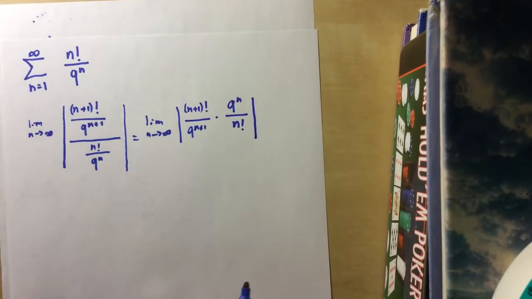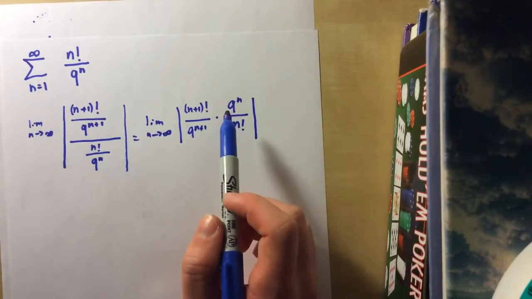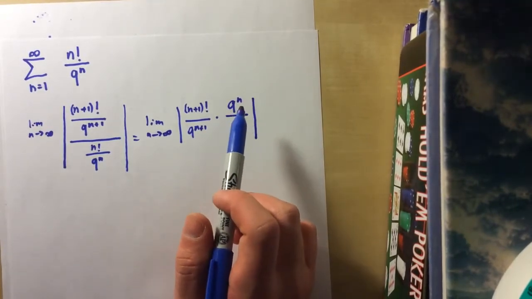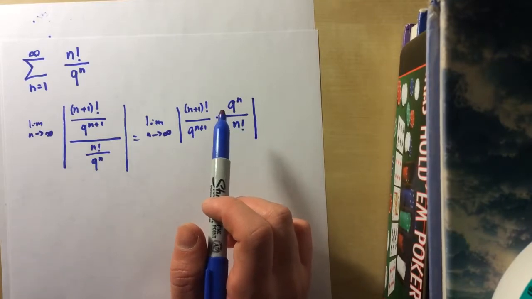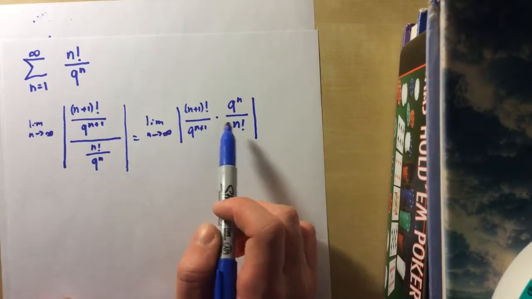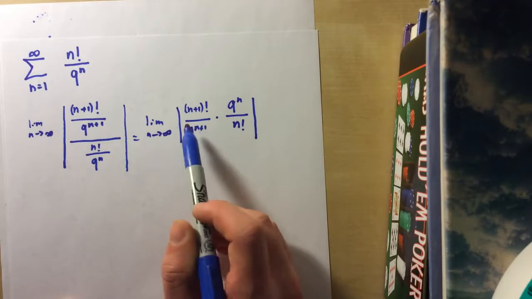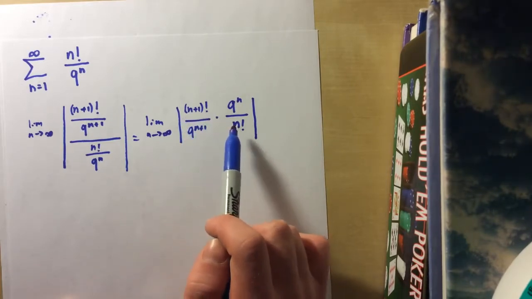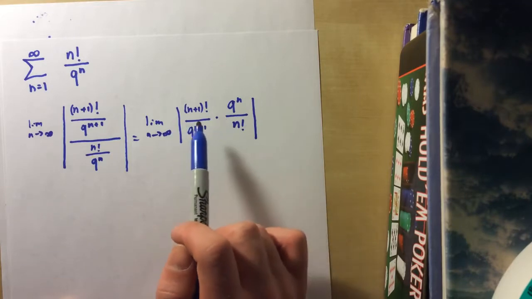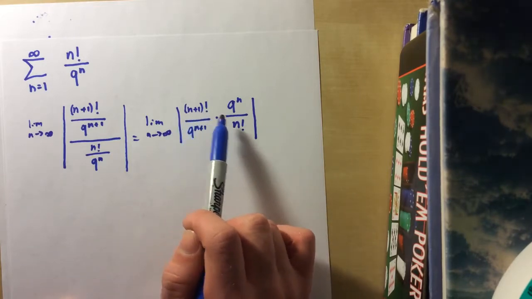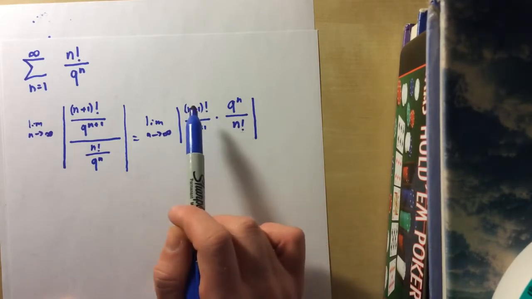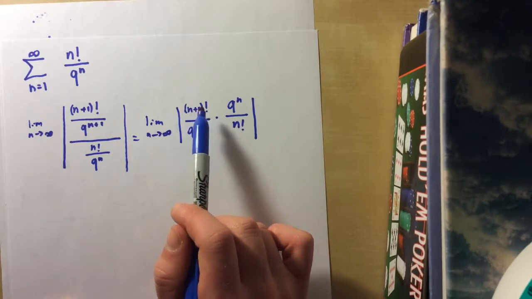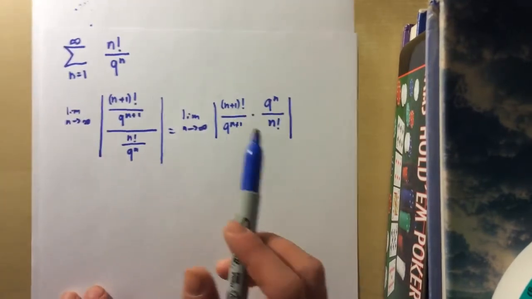A lot of cool algebra canceling happens right now, and that's what's usually going to happen in these types of problems. We have an n factorial on the bottom and an n plus 1 factorial on the top. Well, n factorial is just n times n minus 1 times n minus 2, and so on, and n plus 1 factorial is the same thing as n factorial multiplied by one more factor, n plus 1.